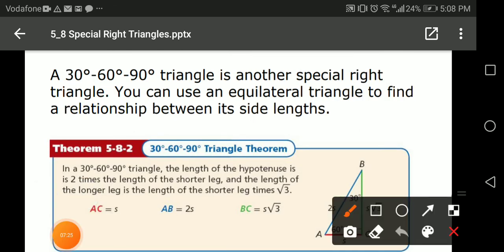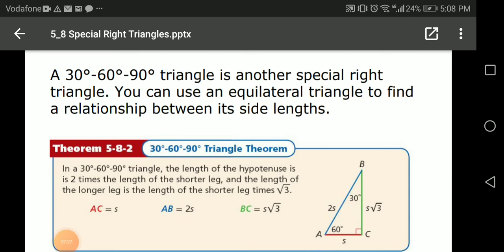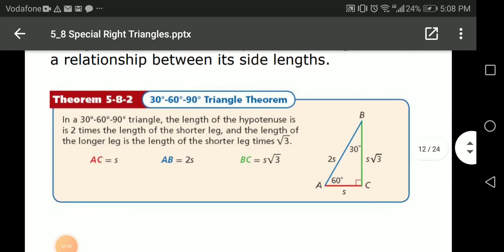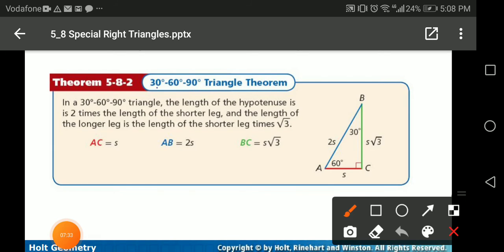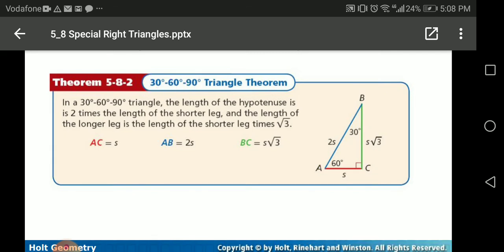What about this one? It's very interesting here. Also a theorem. But this time we have got, guys, the 30, 60, 90 triangle theorem. If the angle here is 30 and this angle is 60 and this angle is 90 in the right angle triangle, it's called the 30, 60, 90 degrees triangle theorem.